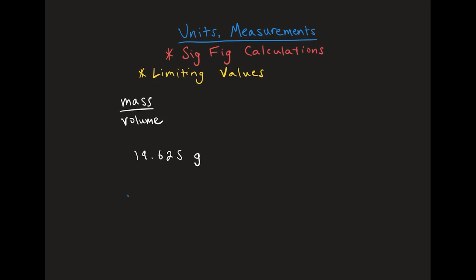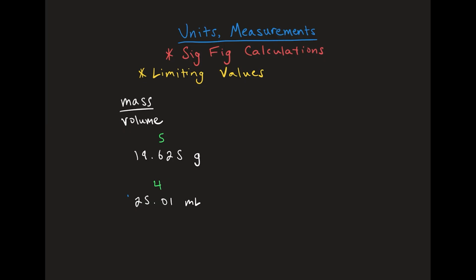We have all 5 non-zero digits here, so it's pretty easy to determine that this measurement has 5 sig figs. And let's say that the volume of our liquid was measured to be 25.01 milliliters. We have 2 non-zero digits at the beginning, so these are of course significant, and we have a captive 0 with a non-zero digit at the end, so that counts as well. So this measurement has 4 sig figs.